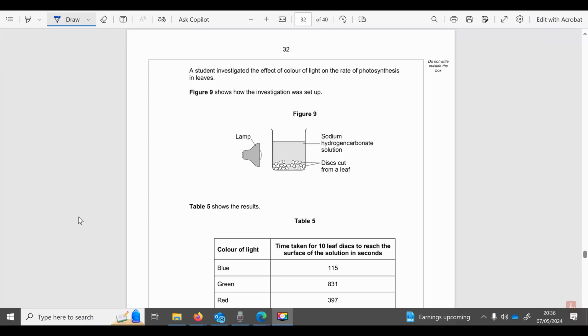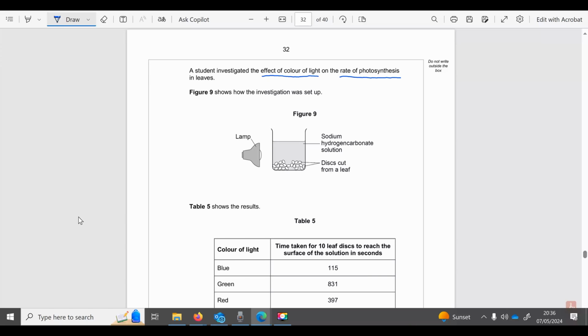So the effect of color of light. That means they must be changing the color of light and seeing what that does. It says on the rate of photosynthesis in leaves. So they want to measure the rate of photosynthesis somehow.